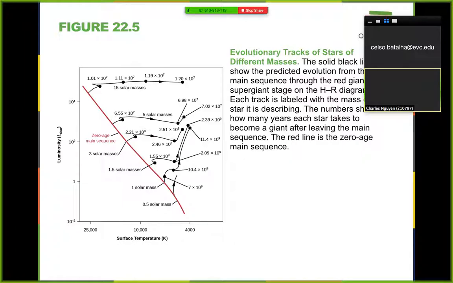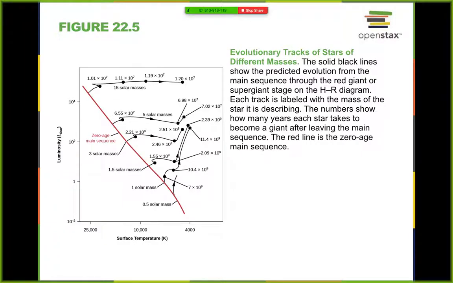In this picture, all these tracks coming out in solid dark lines, leaving the main sequence, indicate the steps after the main sequence for stars of different masses. If you look at the lower right-hand end of the main sequence, the stars there are of low mass.